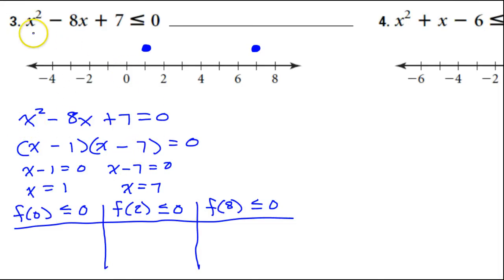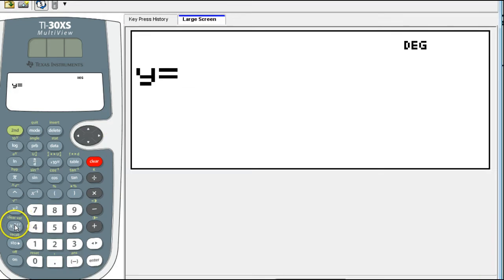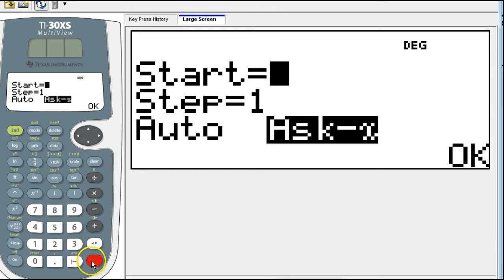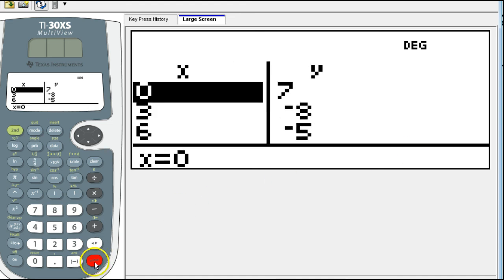So we should go ahead and type in this part of the problem, x squared minus 8x plus 7. Enter. Make sure your calculator is in Ask X mode, because that is the most efficient thing to do.